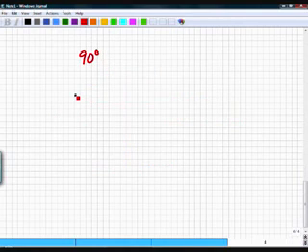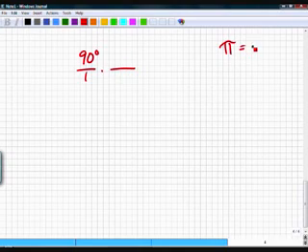We already know how many radians that is. I think y'all had some of this in chemistry. If I want the degrees to cancel and change this to radians, remember pi is the same thing as 180. So we multiply by pi radians over 180 degrees.